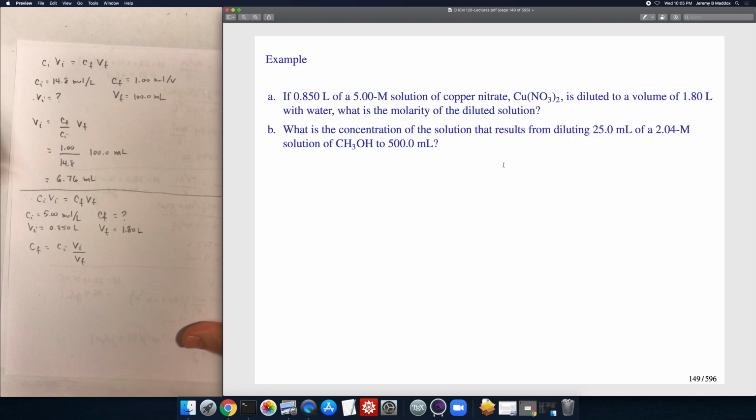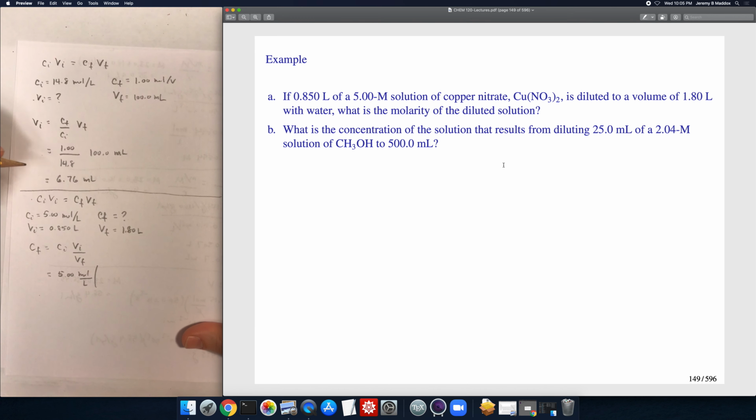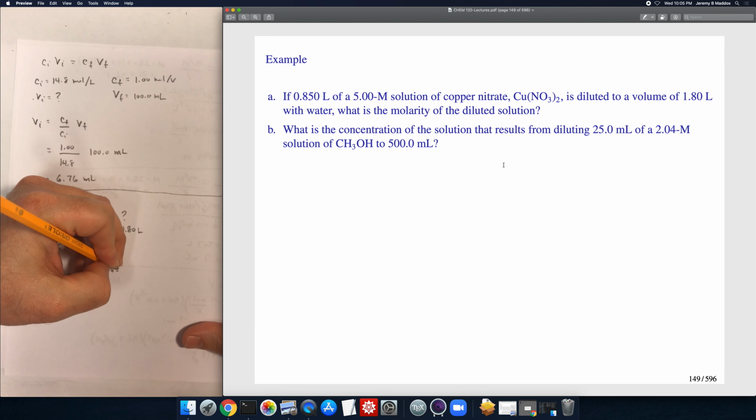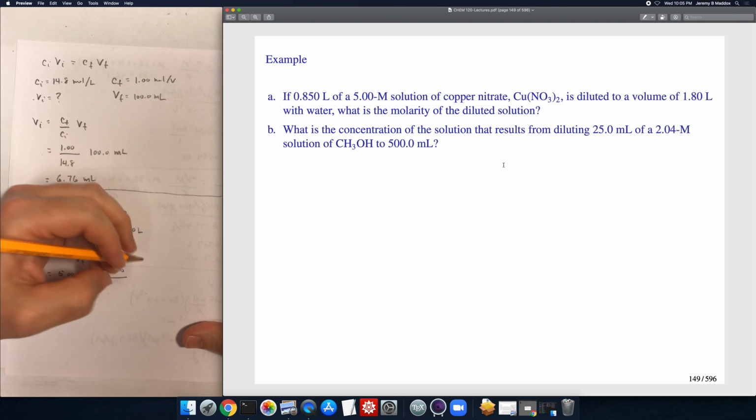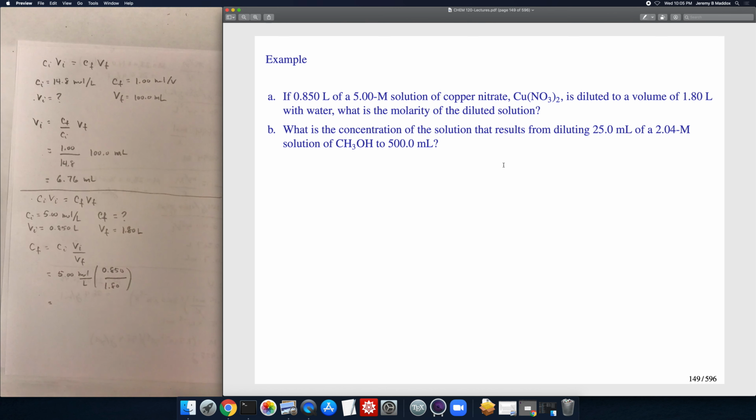So we need to rearrange this equation and solve for the final concentration. Like so. We'll plug in the numbers. The initial volume, 0.850, divided by the final volume, 1.80. Run these numbers through our calculator.